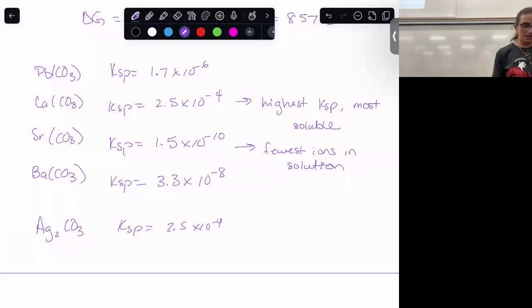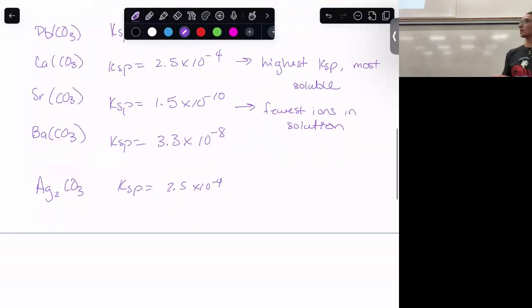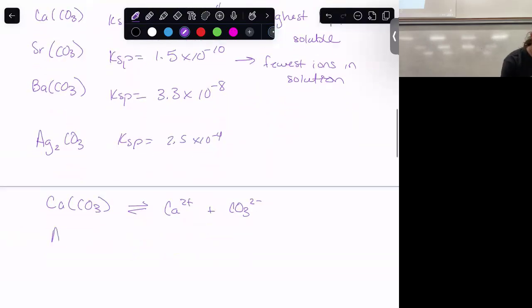If we looked at this, we're given Ksp, so we could write out both equations. We would have calcium carbonate, and then the silver.